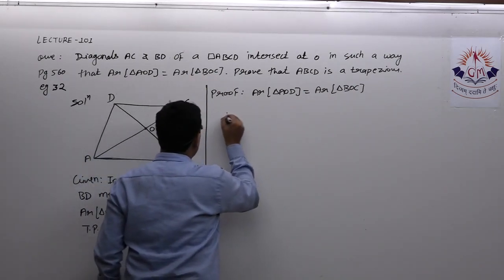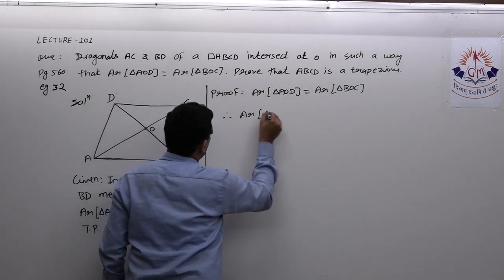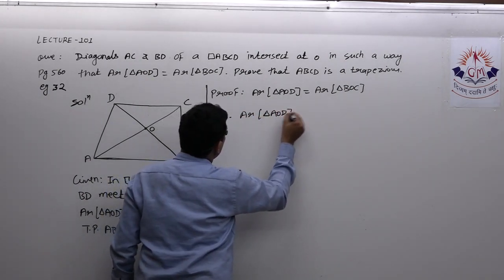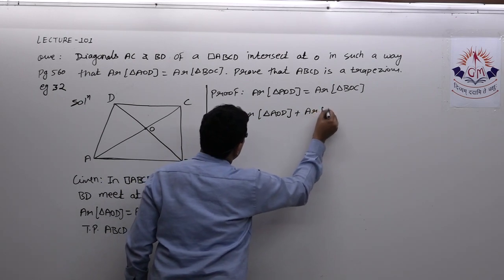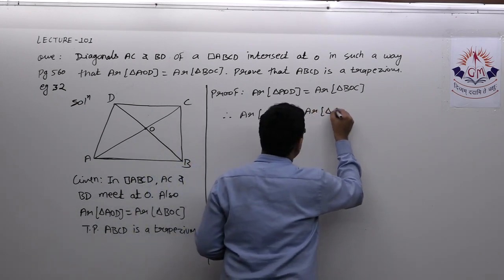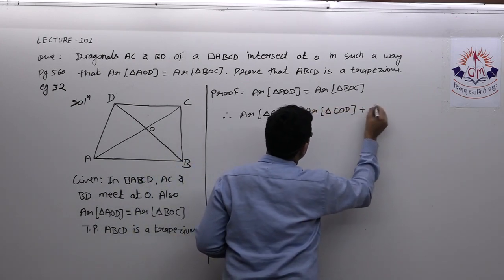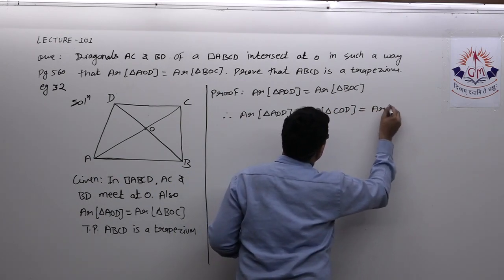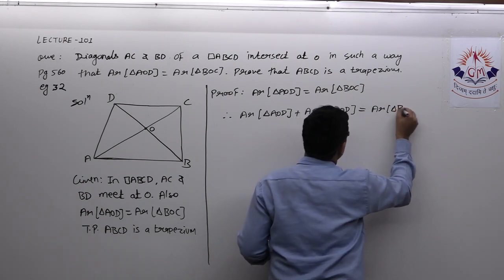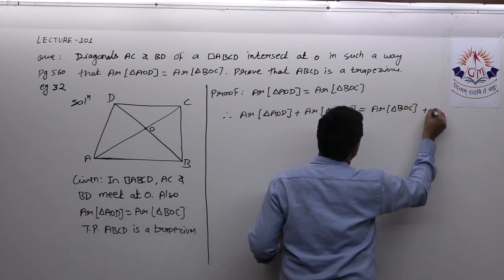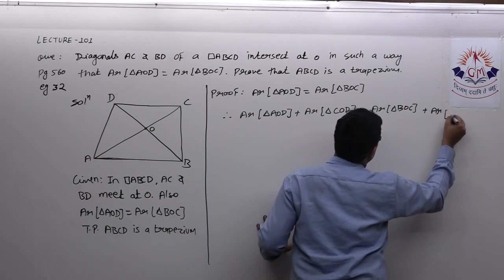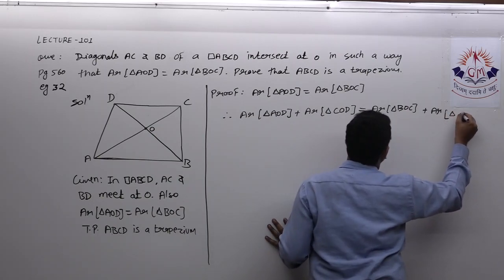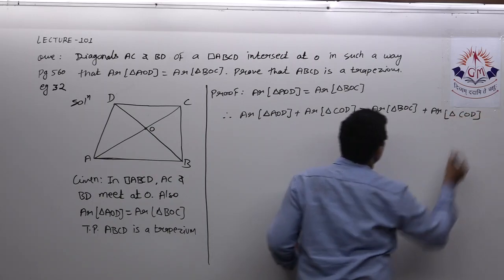Therefore I can say area of triangle AOD plus area of triangle COD, I am adding the area of triangle COD on both sides, equals area of triangle BOC plus area of triangle COD.